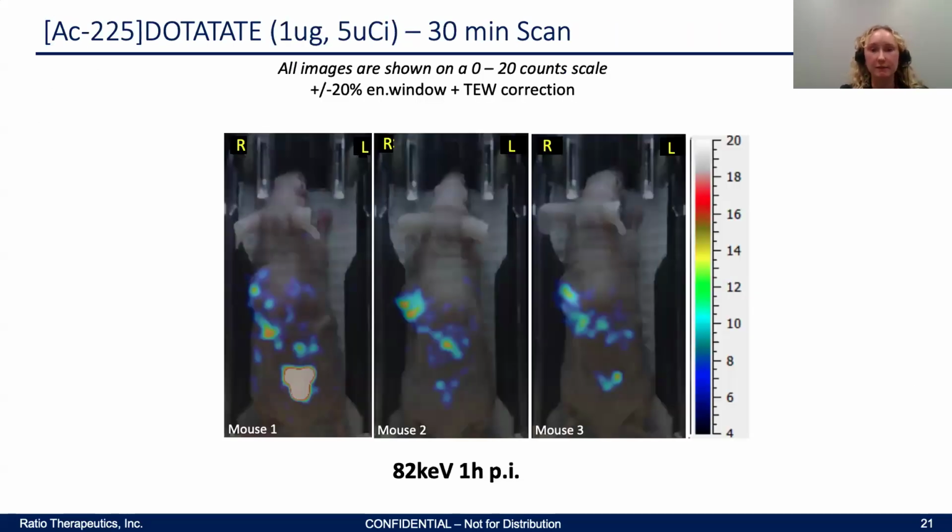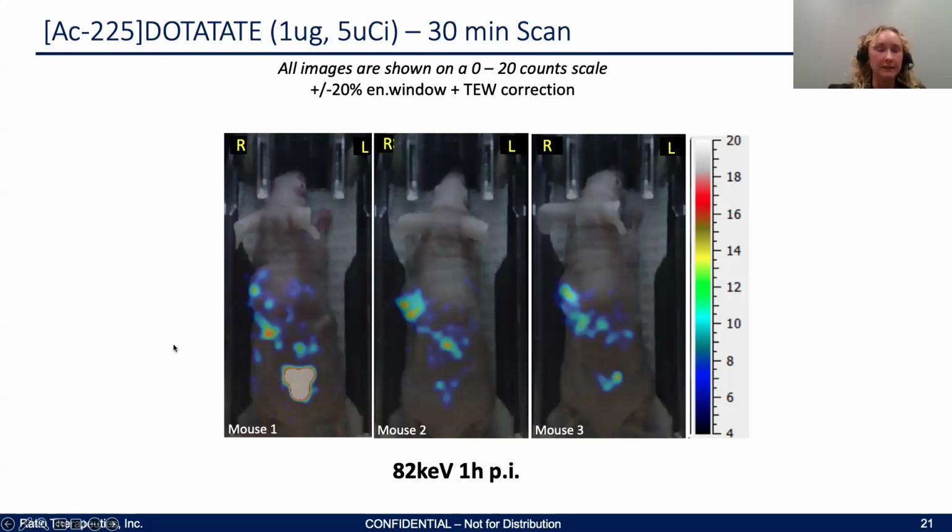So this is the first set of images. We're showing all 3 mice for every peak of actinium, just to give you a complete idea of the data and images that we got. This is the 82 keV peak, 1 hour post-injection imaging with the same scatter corrections that we were using in the system characterization portion.